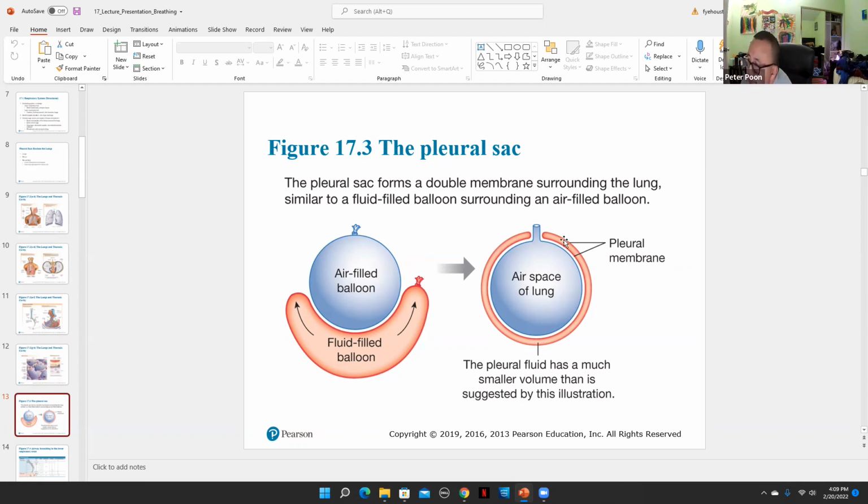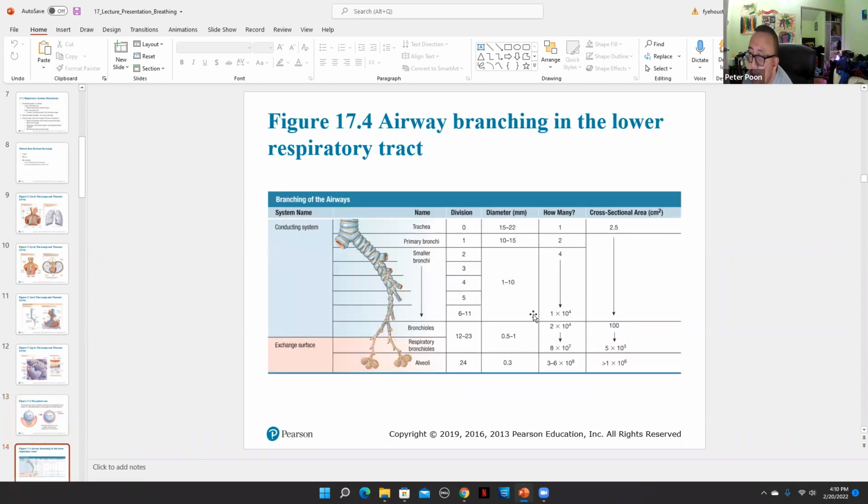That balloon is the pleural cavity. The pleural cavity is not actually a very big cavity. It's really, really thin, but it is there and it is important. When we talk about lung diseases, it does play a huge role.